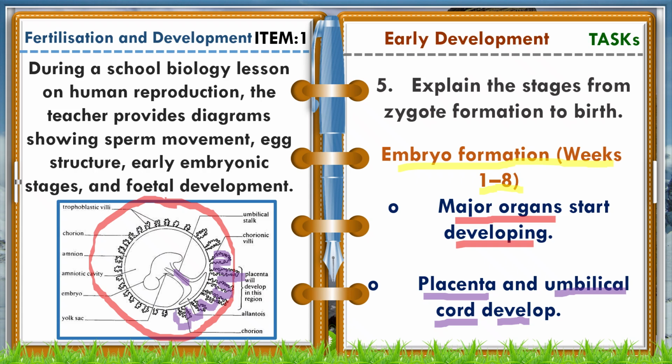We are seeing very many other organs being formed: chorion, amnion, amniotic cavity, the yolk sac, the umbilical stalk, chorionic villi, allantois, and very many others.